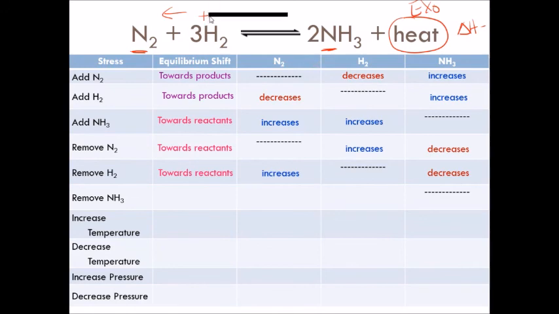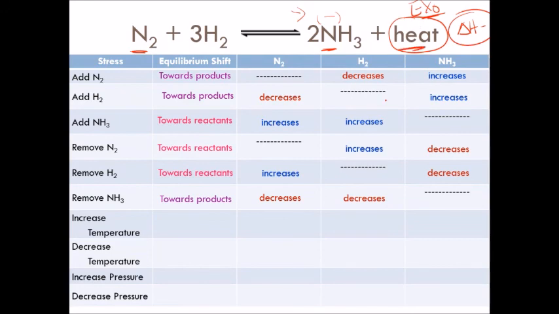Now, the last concentration example here is when we remove ammonia. So removing ammonia over here is going to shift it towards the products. And that means the other two, these two on the reactant side, will decrease. Now, because we're going to look at temperature, we have delta H is negative, heat is exothermic. If we increase heat over here, it's going to shift to the left, so towards the reactants.